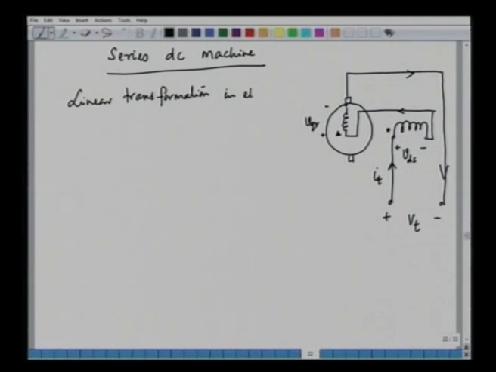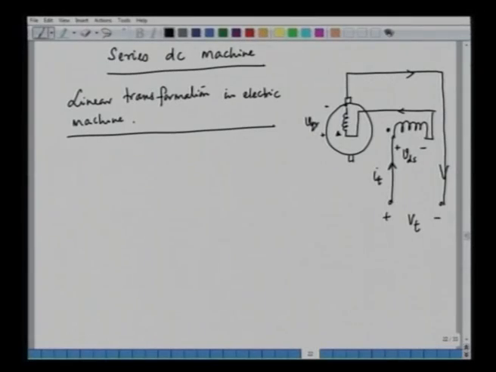Now what is the meaning of linear transformation? Linear transformation is a transformation which transforms the actual variable to the primitive variable without any nonlinear term. By nonlinear term, we mean there should not be a product of two variables, there should not be a square of a variable. Say how we can tackle this particular problem.